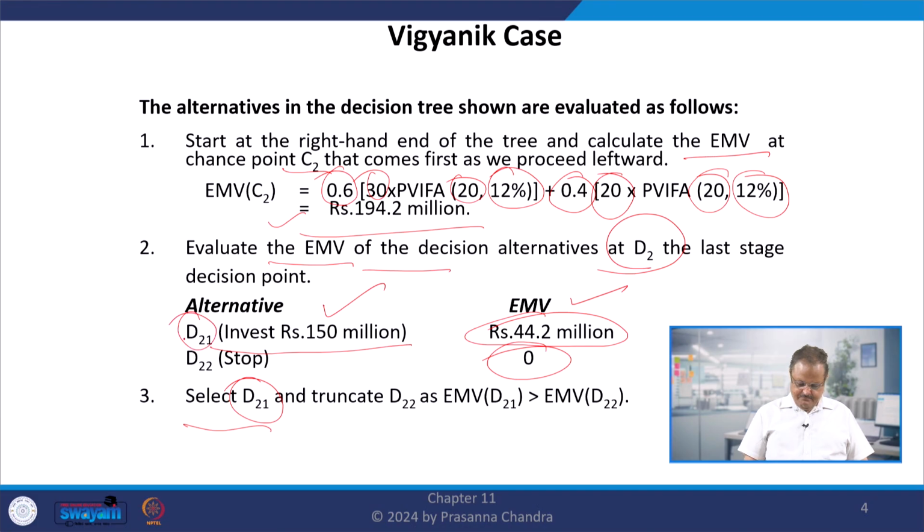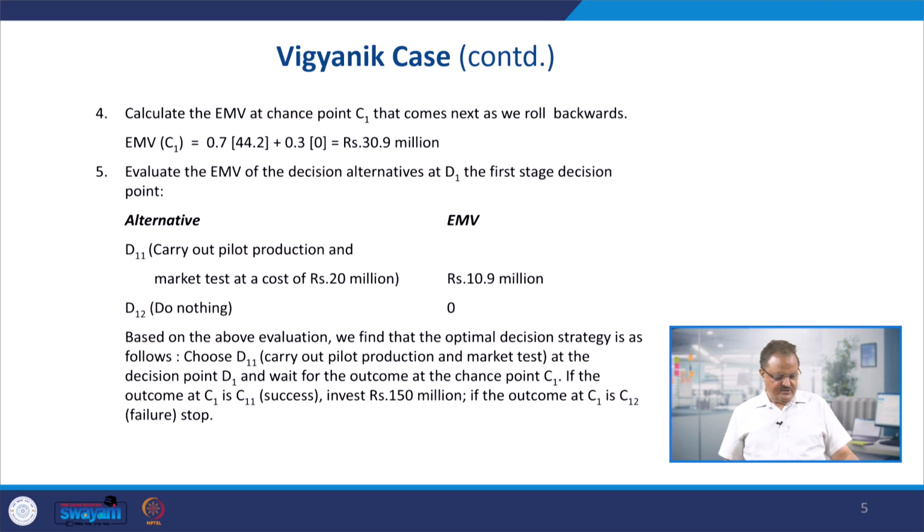This is D21 of making an investment of 150 million, and we have to truncate, we have to drop D22, because the expected monetary value of D21 is greater than the expected monetary value of D22. So we will accept the decision of making an investment of 150 million in the commercial production. So we will go for the commercial production and we will have a positive expected monetary value from the project.